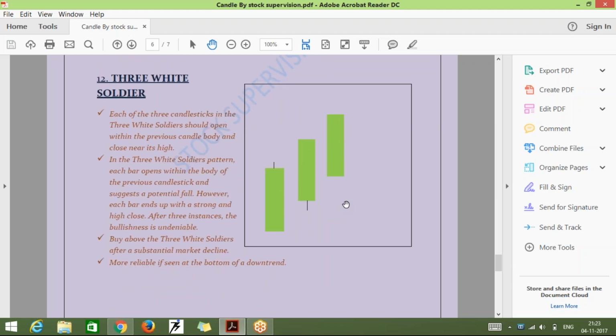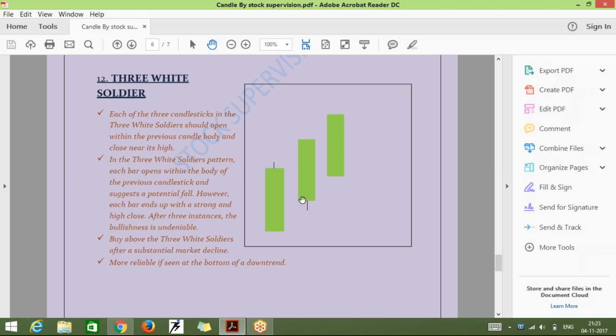And again, coming to the three white soldiers pattern, each bar opens within the body of the previous candle and suggests a potential fall. What exactly this pattern is suggesting is, here the open is almost in between the first candle.